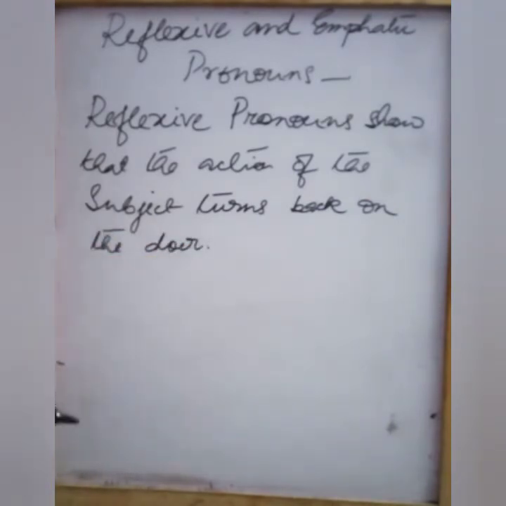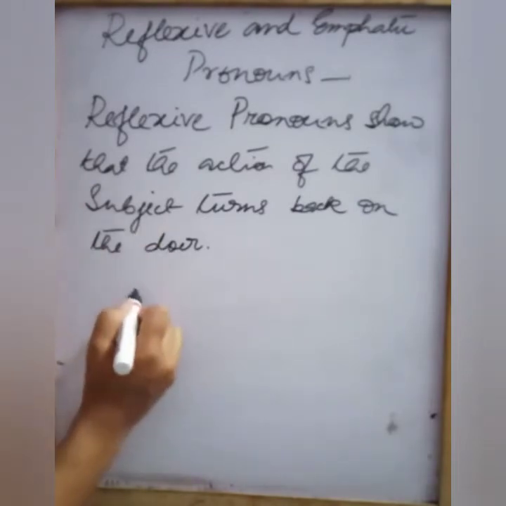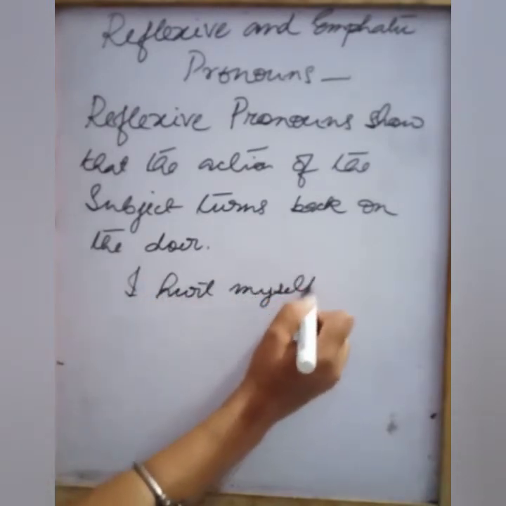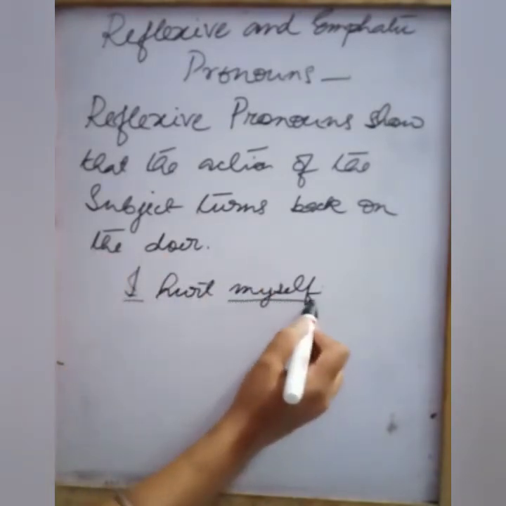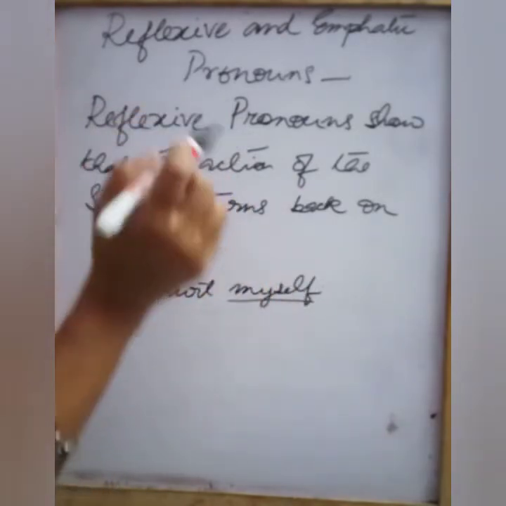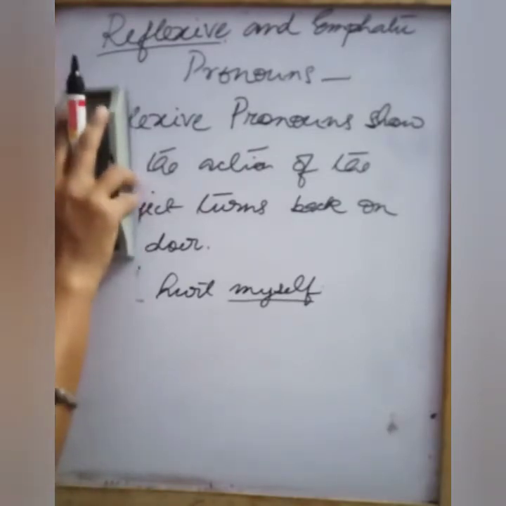That means whatever the subject is doing, it is turning back on himself. I say this sentence: I hurt myself. I am the subject and I am the object. When there is no difference between the subject and the object, both are the same in a sentence, it is a reflexive pronoun. The action of the subject is reflecting back on himself or on the doer. Fine? Alright.